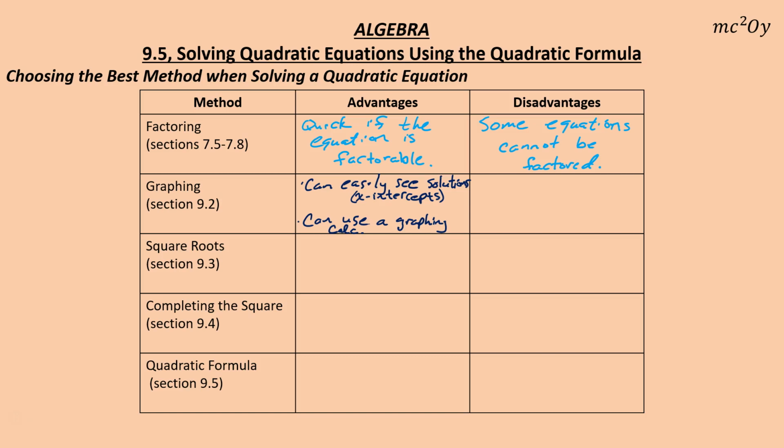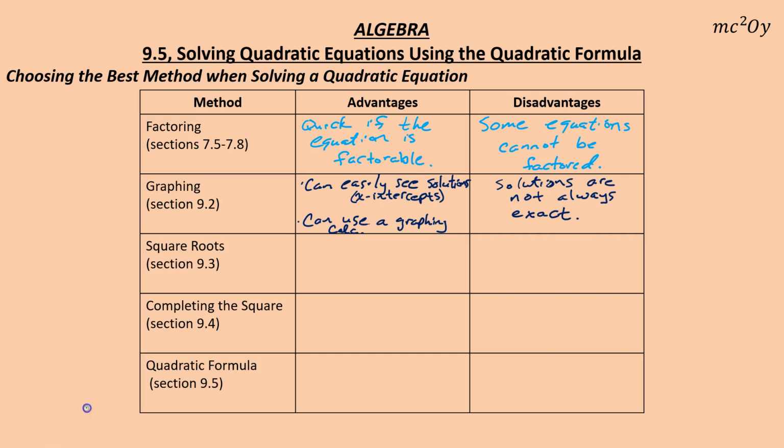Disadvantages? Well, it's nice if you have exact x-intercepts, but sometimes the solutions are not exact, which means you may have to round or estimate, and that's never a good thing.